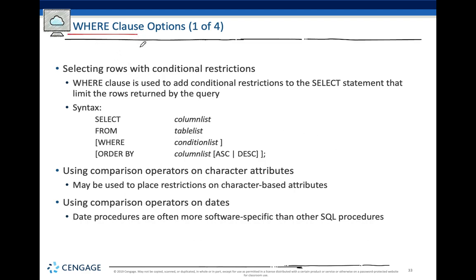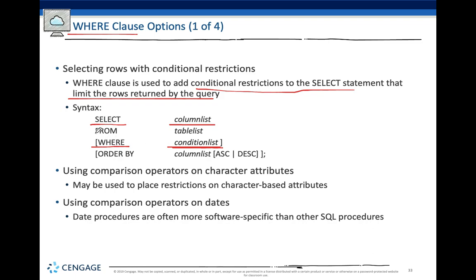The where clause is used to add restrictions to the select statement that limits the rows returned by the query. Right, so just like the select clause selects specific columns or fields that we want to return, the where clause specifies the conditions, meaning the rows that meet those conditions, only those rows would be returned by the query.